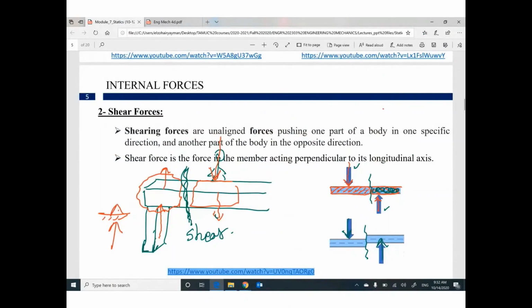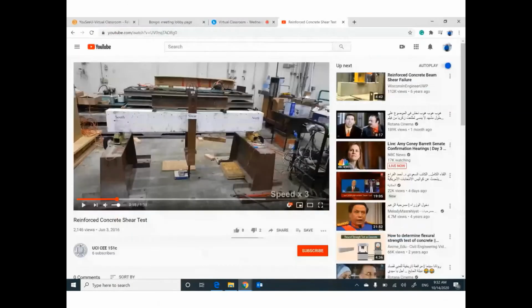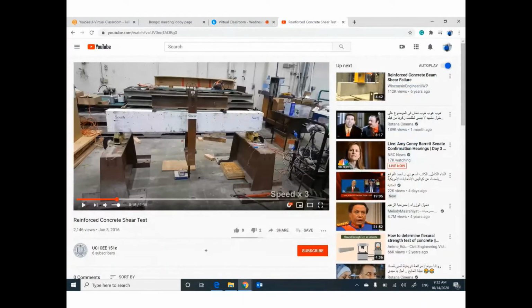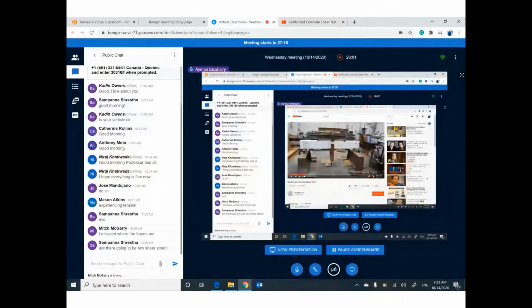That's right. The force at this point is coming down, the reaction at this point is coming up. This contact point will apply a force coming down, and this support will apply a reaction coming up. So where will the shear be?